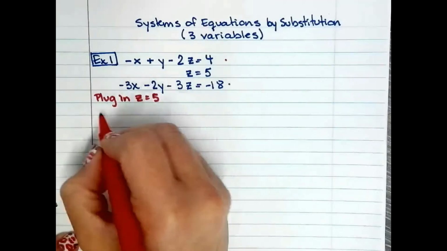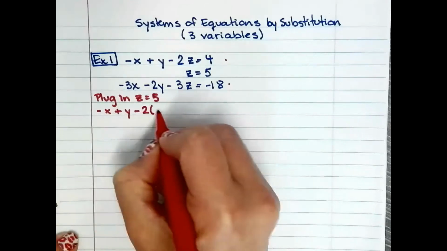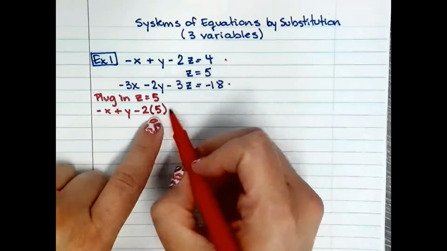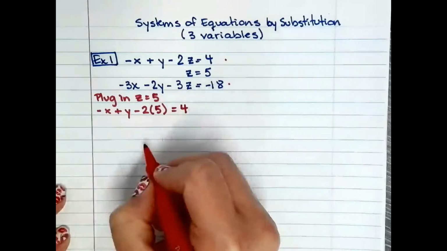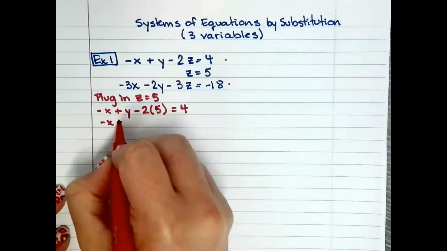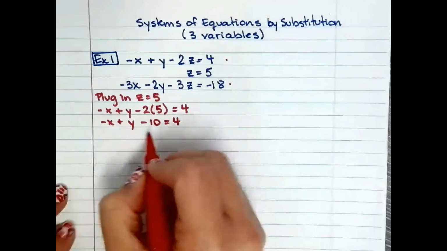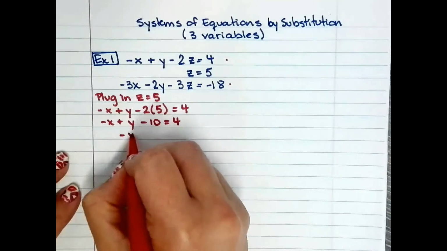So I'm substituting: instead of writing z, I'm plugging in 5 for z. And here I'm just going to put it in standard form, so I add 10 to both sides.